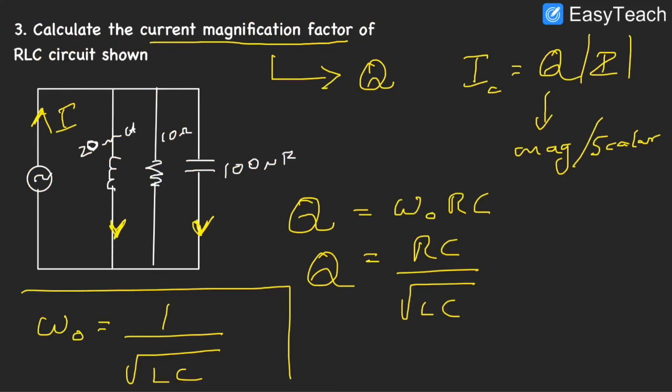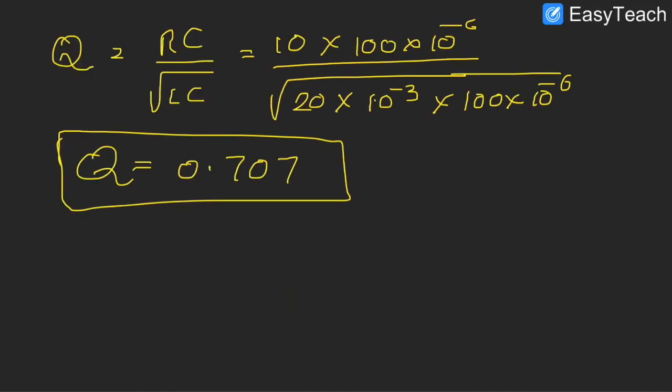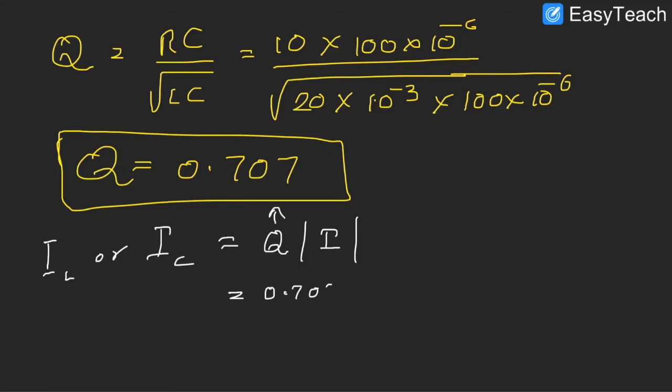What that means is that in this circuit you have some main current, and the inductor current or capacitor current is related to it by Q times the main current. So this Q value we found is 0.707 times the main current.